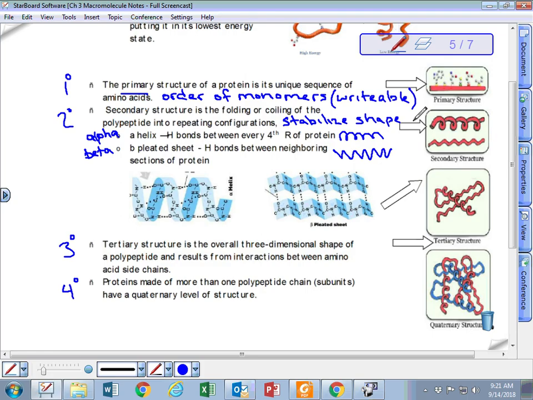So, if it asks, which of the following is something that helps to stabilize the shape of a protein, alpha helix and beta sheet could be answers. What we care about is this one. Tertiary structure is the one that matters.